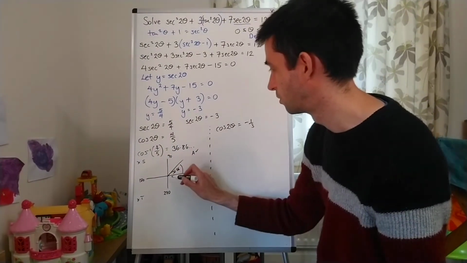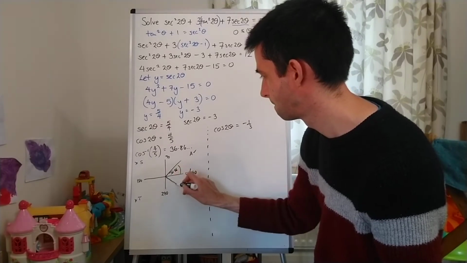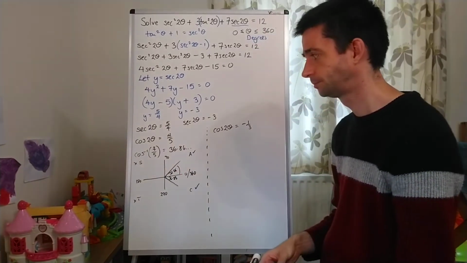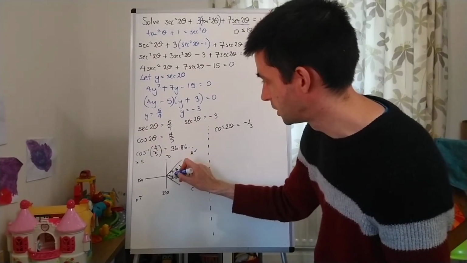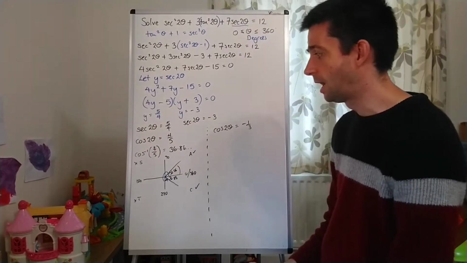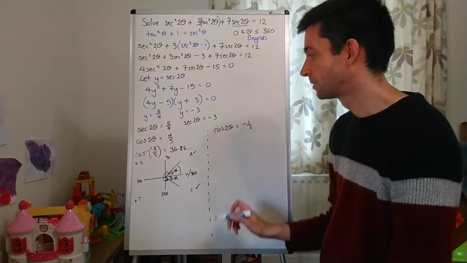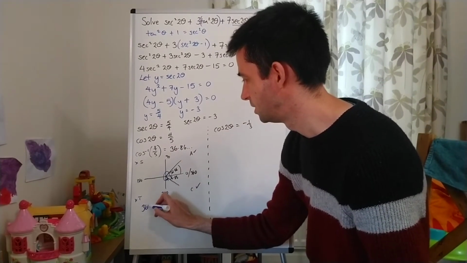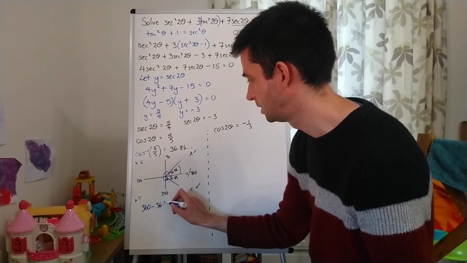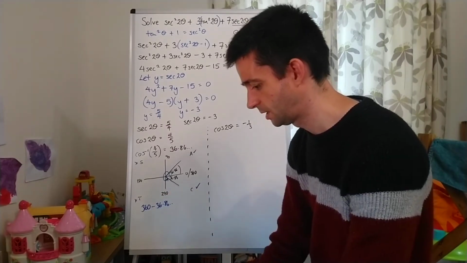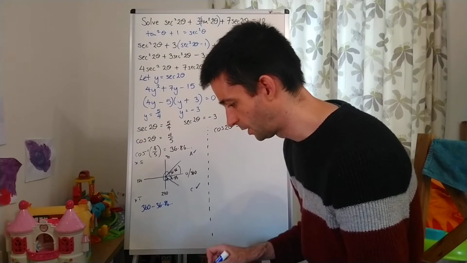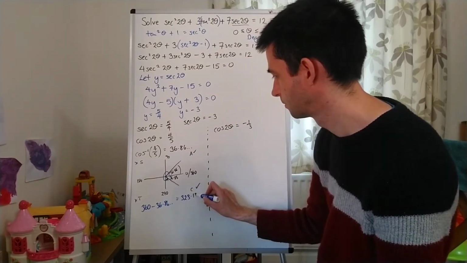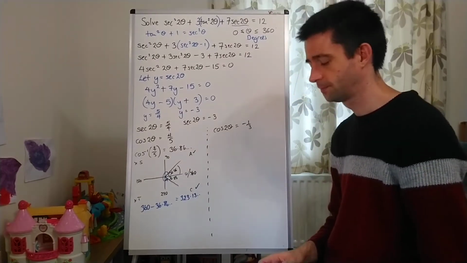So I'm also drawing a line in this quadrant, 36.86. But of course I'm measuring around anti-clockwise from 0, so my second solution here is going to be 360 minus 36.86, etc., which is 323.13.